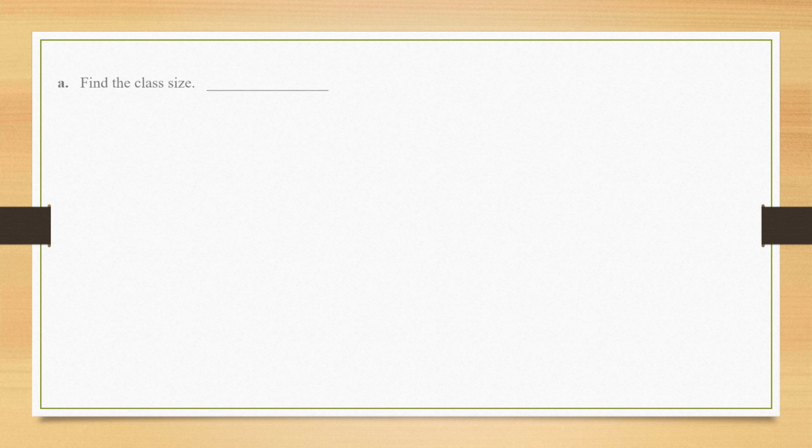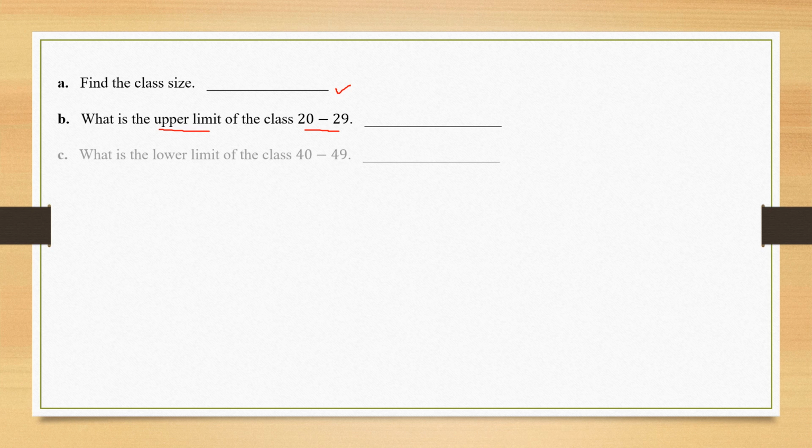Students, here we have some questions you need to solve. Look back to the first question, and here is the upper class limit of the first group. The upper class limit is 29, and the lower class limit here will become 40, and you need to find the class size. Look back to the frequency distribution table and find it.